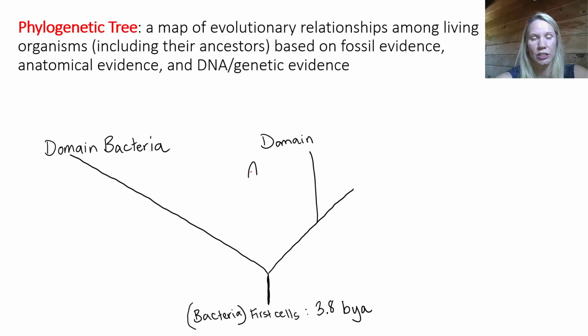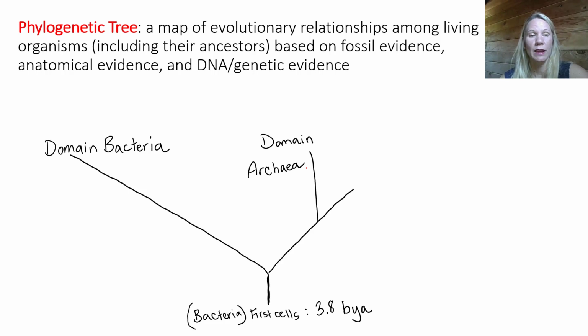So remember, based on the genetic analysis, and the word phylogenetic has that word genetic in it, as sort of the major way we classify life, by comparing DNA sequences and noting where we see similarities and differences.